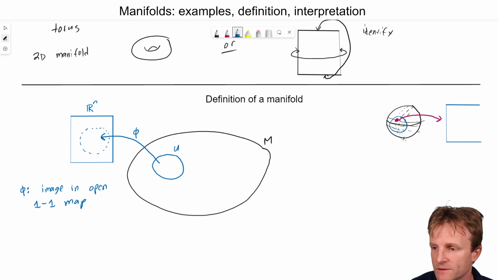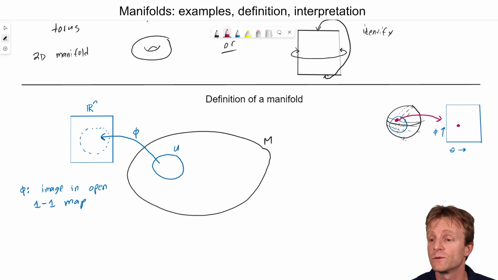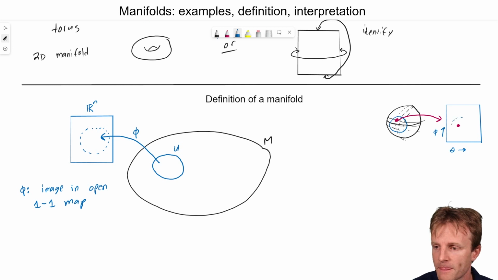And the copy of R2 you can think of as its latitude, theta, and its longitude, phi, and whatever numbers you assign to Tucson, its latitude and longitude, that gives you a point in this subset of R2. Okay, so that's the picture that you want to think about.